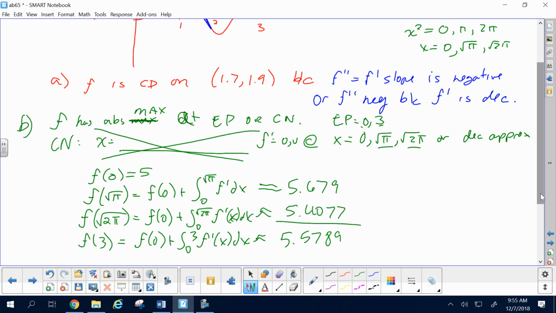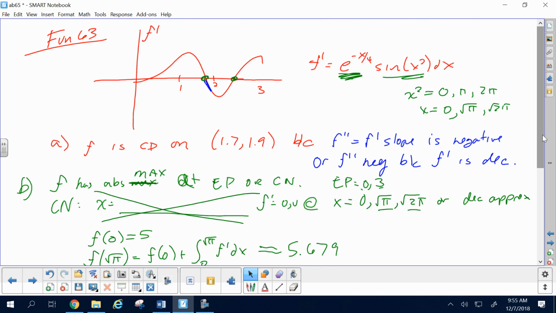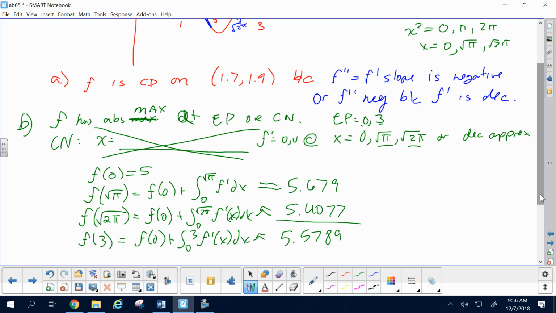All right. Just a second ago, I paused and said you could blow f at square root of 2 pi off. Why could that be removed from the analysis? Why could you dump that? Yeah, it's a min. You can see the derivative's going negative to positive there. You're never going to get an absolute maximum at a relative min. So you can leave some candidates out if you like, as long as you justify why.